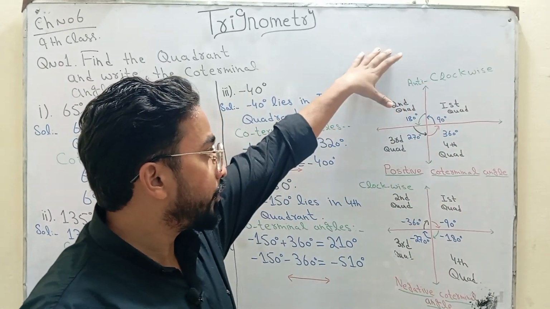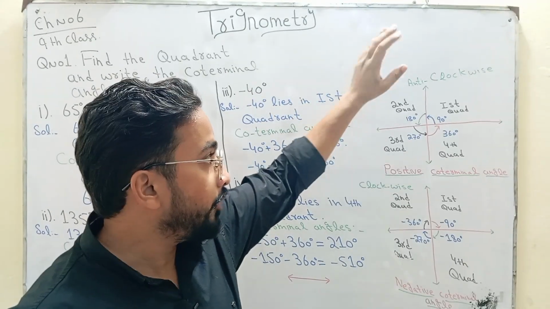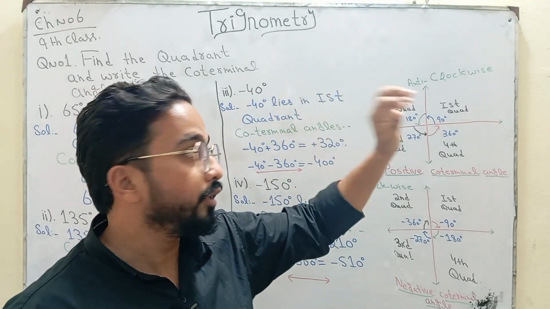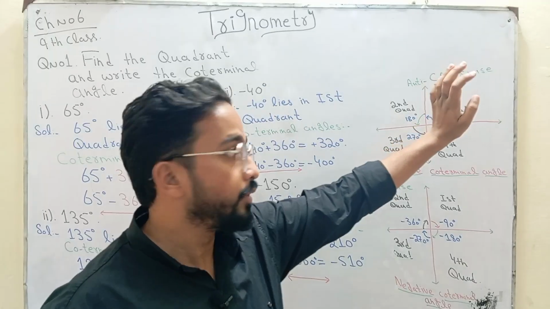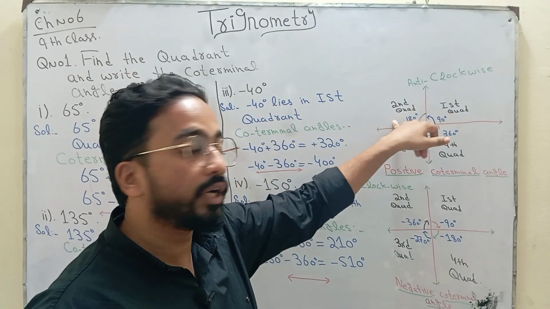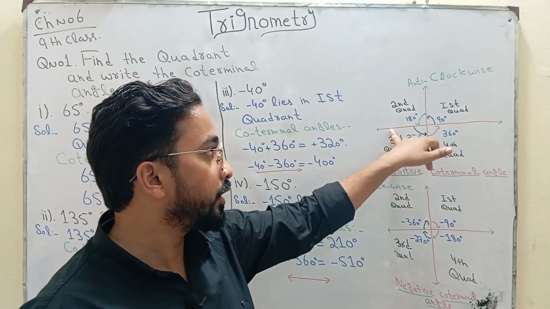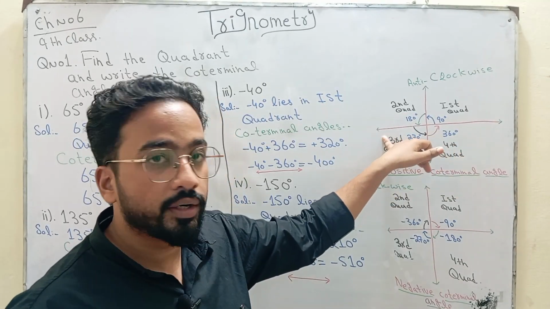This figure shows us how we can find our angles. If our angle is between 0 to 90, then our quadrant is first. If our angle is between 90 to 180, then our quadrant is second. Similarly, 180 to 270 is the third and 270 to 360 is the fourth.